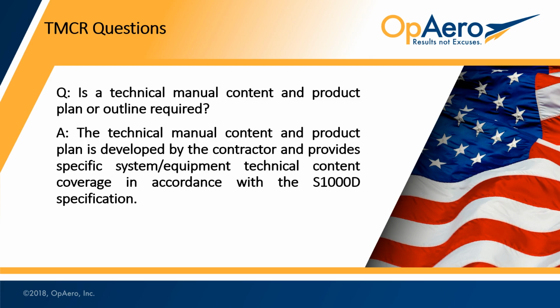Okay, so there is some boilerplate language out there, but if it's a piece of equipment for a major revision that's being developed, then those chapters and that numbering system can be identified without even developing the content yet, in the tech manual content and product plan, and you need to establish that language in the TMCR.